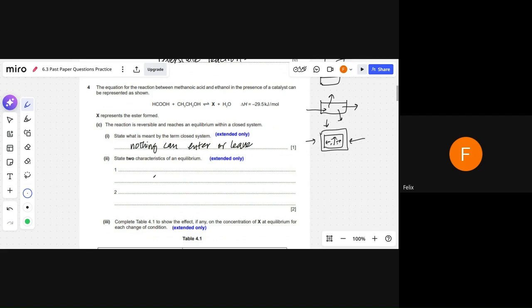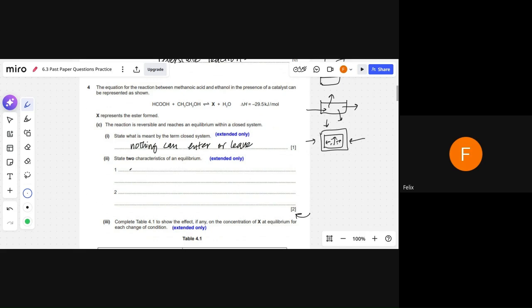So yeah, this is the question that I referred to in my previous lesson, where I explained how they will ask you questions. So you see, this is 2 marks, and we know two characteristics of an equilibrium.